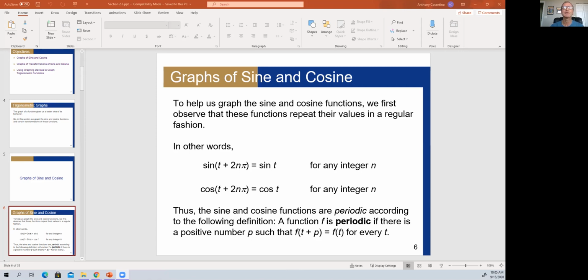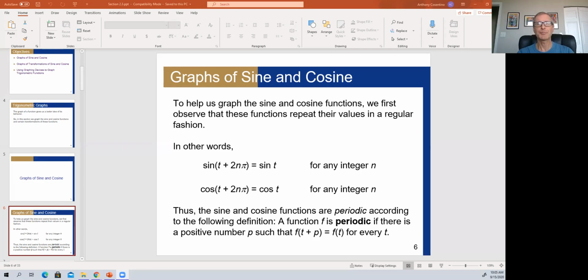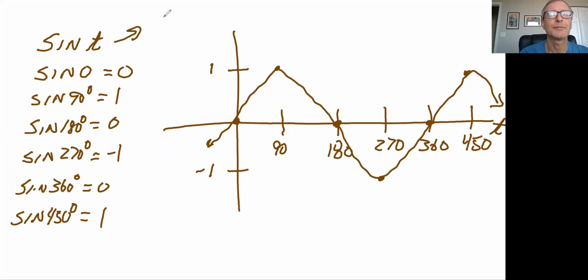And depending on what the equation looks like, the period could change. But the standard equation, sine of t or cosine of t, as we have here on the whiteboard, this period is 360 degrees or 2 pi. And you'll see that when you do the WebAssign homework, they like to use radians. So what I'd like to do here is to put the radians up here.